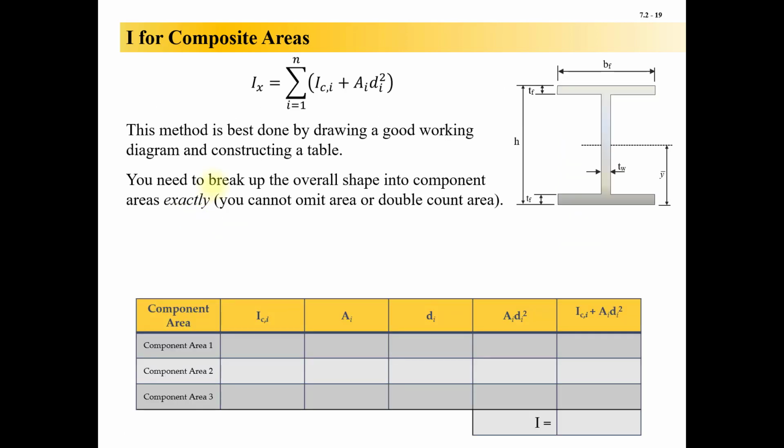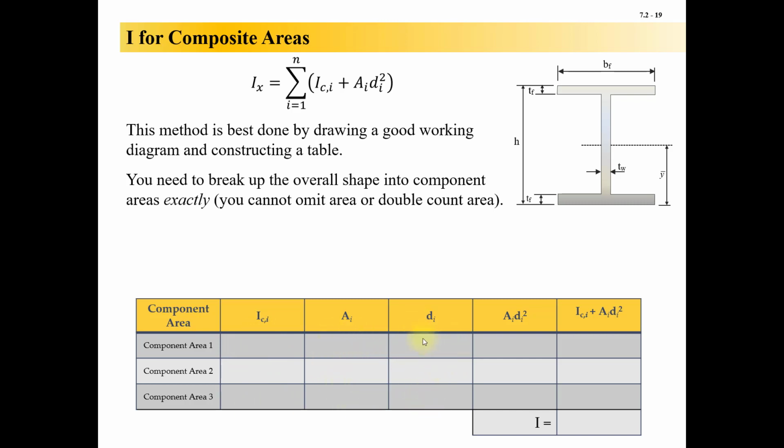I like to do it as a table, and I strongly urge you to do that as well, because if you do it as a summation of a bunch of values, you just do this long strung out equation, you'll forget a value somewhere. So the table makes sure you hit it all. So my very first column, I describe the component area. Then I give the moment of inertia of that component area about its own centroidal axis. Then I calculate the area of that component area.